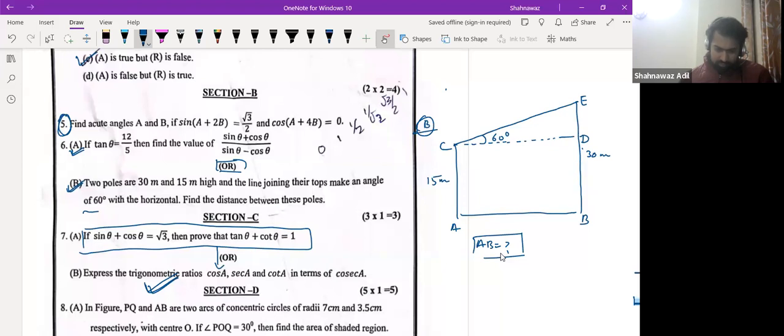So here we use the perpendicular upon hypotenuse ratio. What are the lengths which are given?